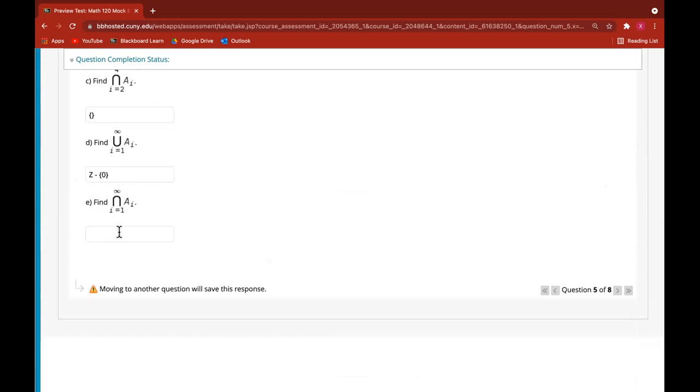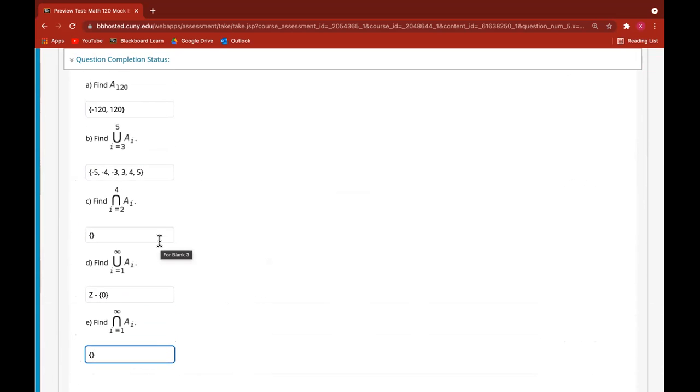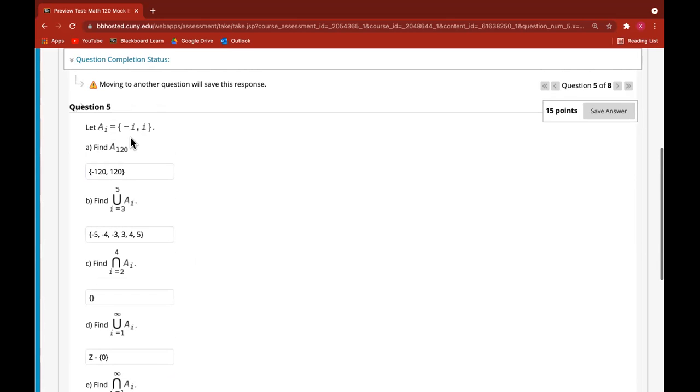Excuse me, Professor. Yes. For D, can't you just say that it's natural numbers and not 0? But if you do the natural numbers, then you don't have the negative numbers. I mean, don't we already not have negative numbers? No, we do have negative numbers. It comes with the set already.